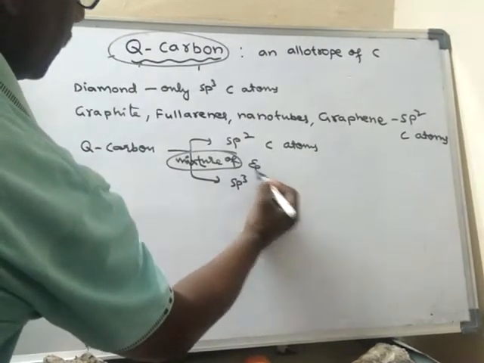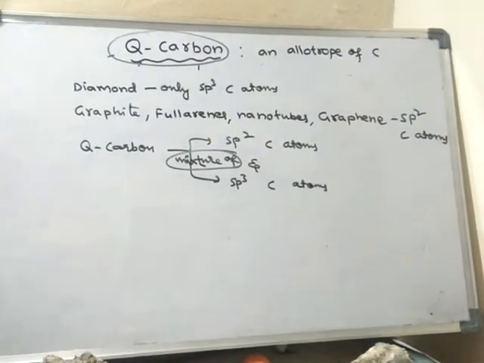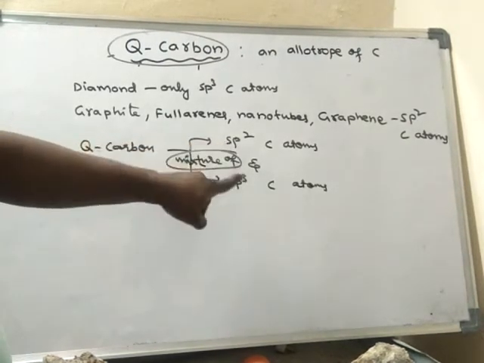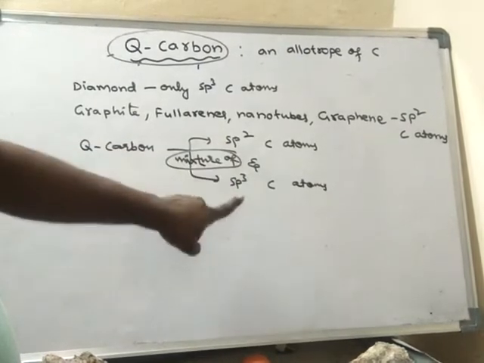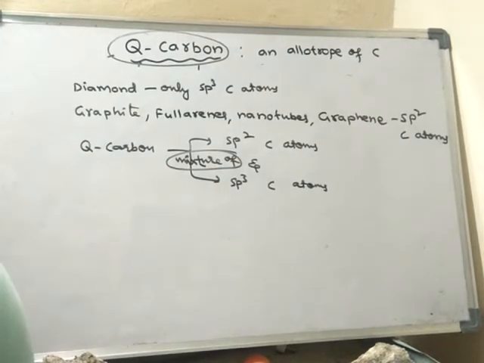This is the speciality of Q carbon. Three-fourths of it is sp2, and one-fourth is sp3 carbon atoms.